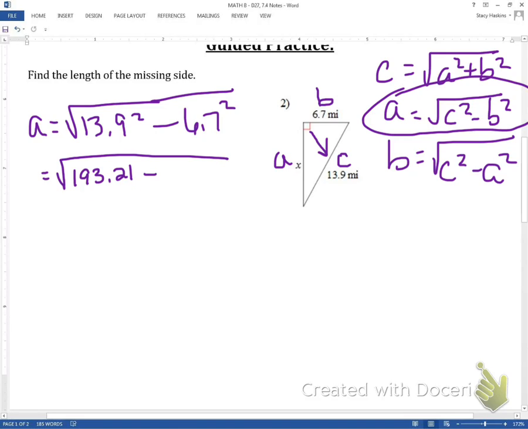That's a little better. Alright, next I need to find out what 6.7 squared is equal to. 6.7 squared to get 44.89. Now I need to subtract.